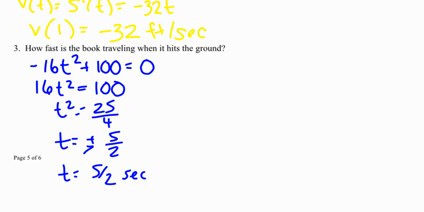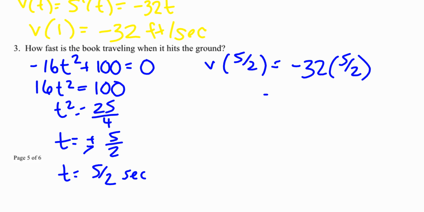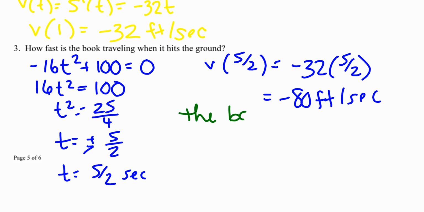Now we need to find the velocity at 5 halves seconds, or 2.5 seconds. That'd be negative 32 times 5 halves, which would be negative 80 feet per second. So how fast is the book traveling?